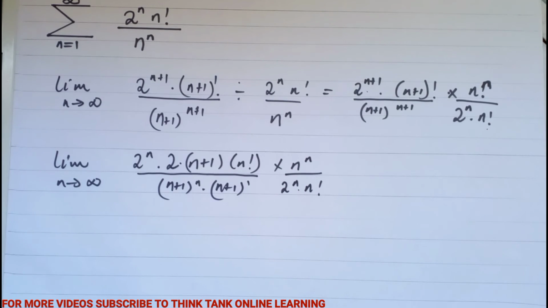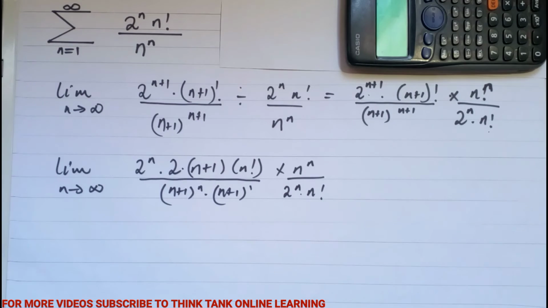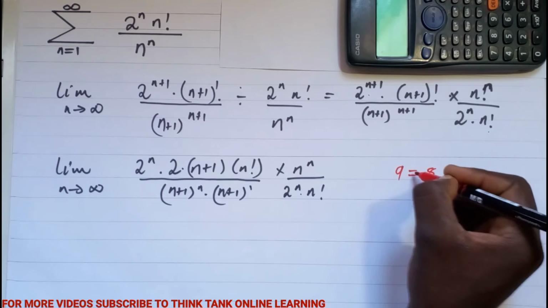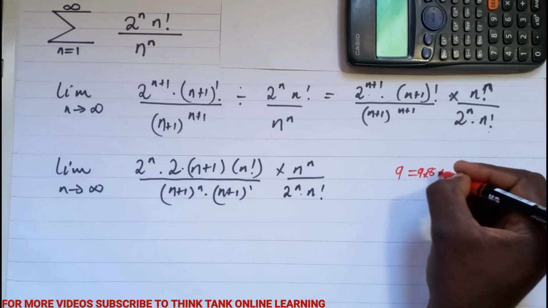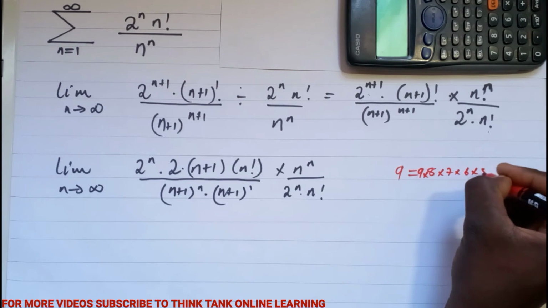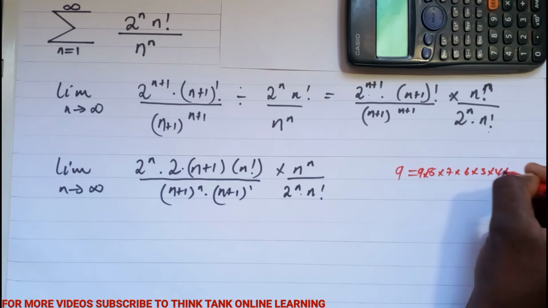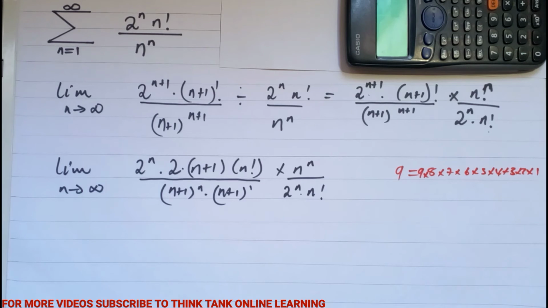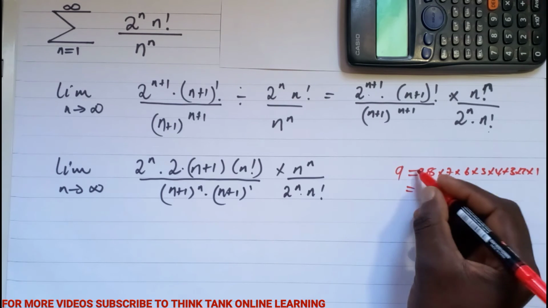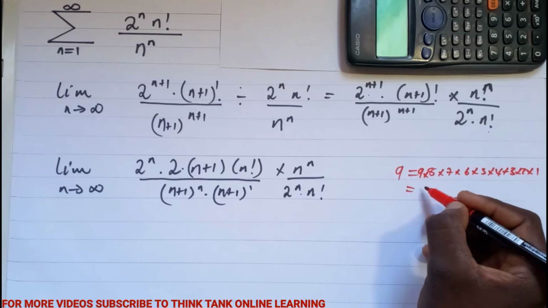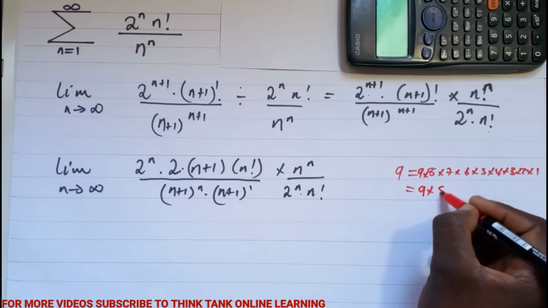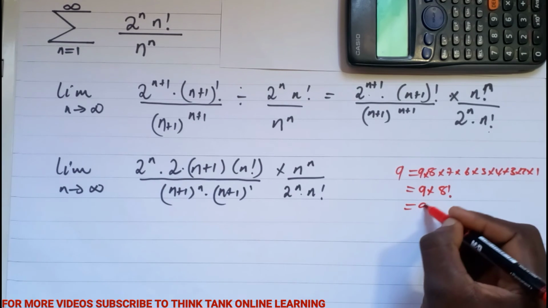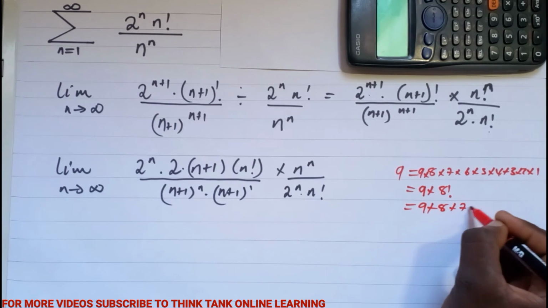On factorials, I'm going to choose the example of 9. 9 factorial is 9 times 8 times 7 times 6 times 5 times 4 times 3 times 2 times 1. This is the same as saying 9 times 8 factorial, and this is the same as saying 9 times 8 times 7 factorial.